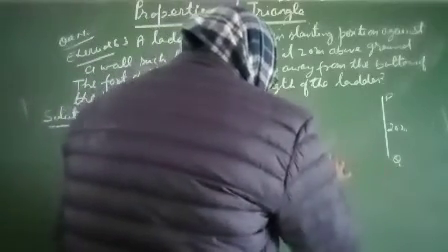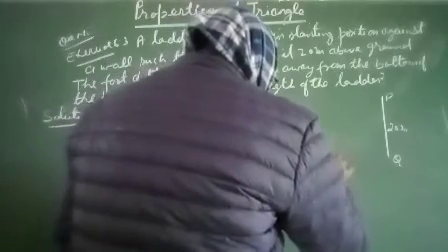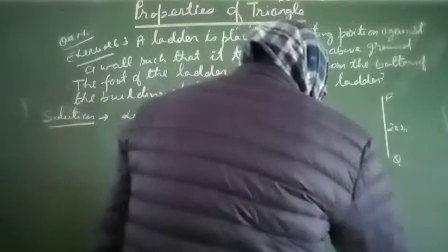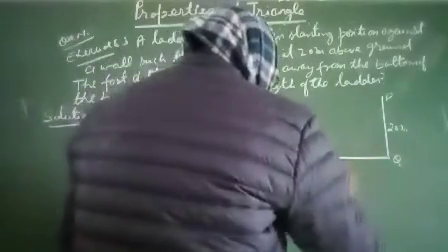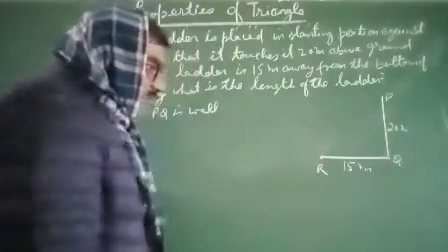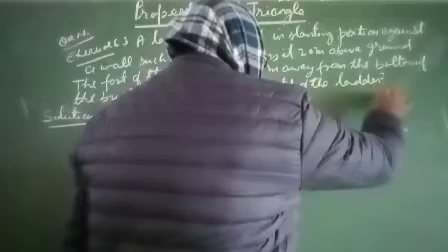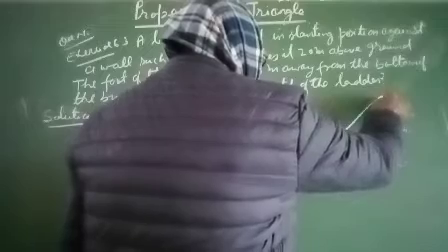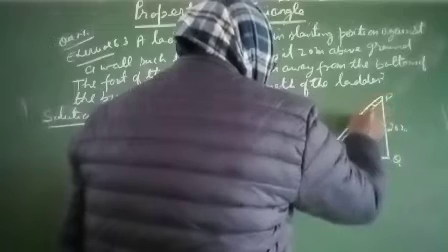Here we take a point R, which is 15 meter away from the bottom of the building. And this is the ladder in the slanting position.